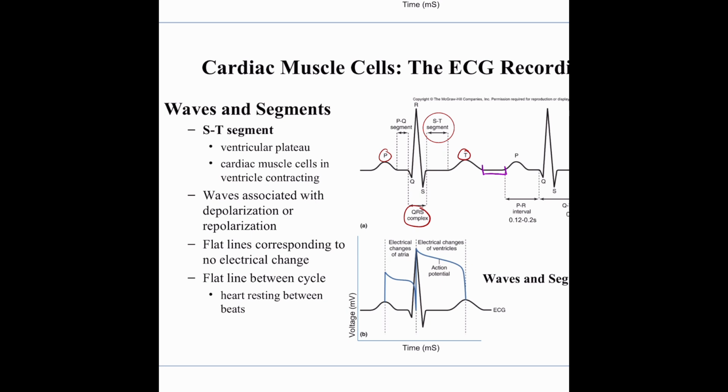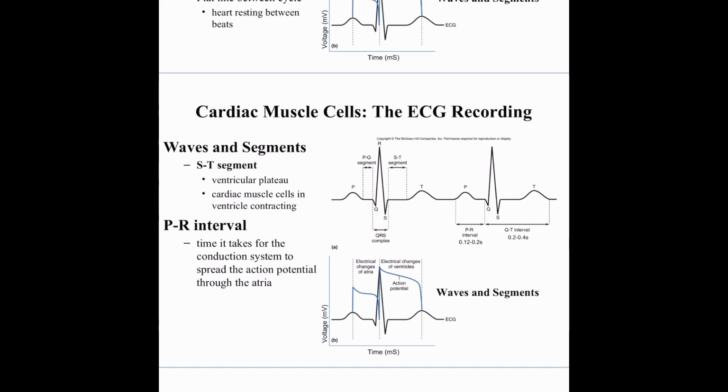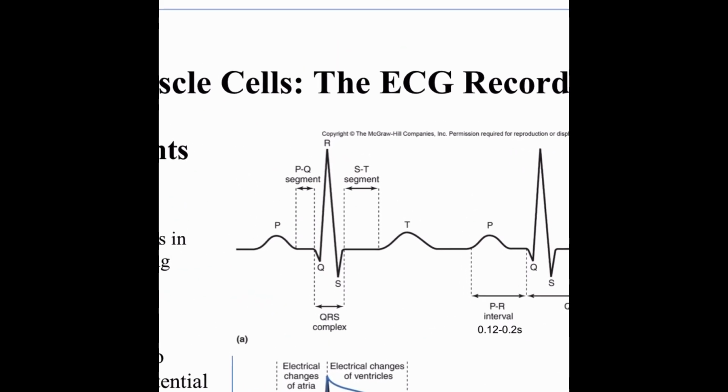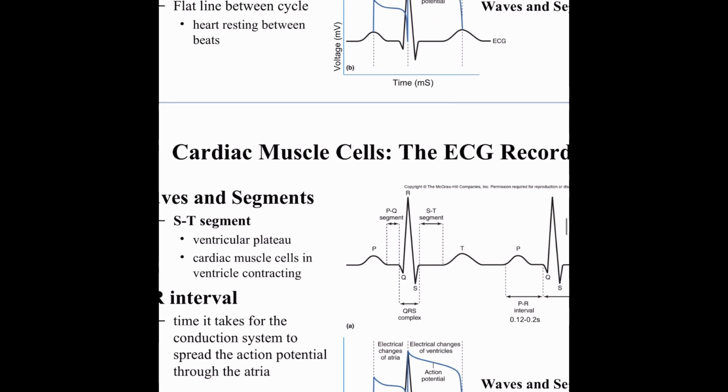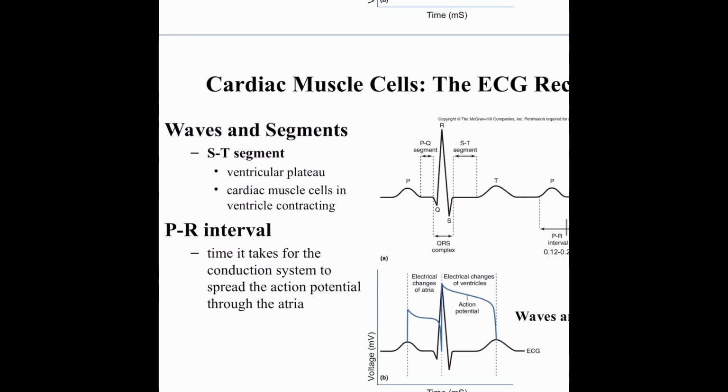So the flat lines have no electrical change, right? So those flat lines here in purple would be these lengths. So the heart is resting between beats, so we don't have that continuous ability to just contract. So we just are going to rest.